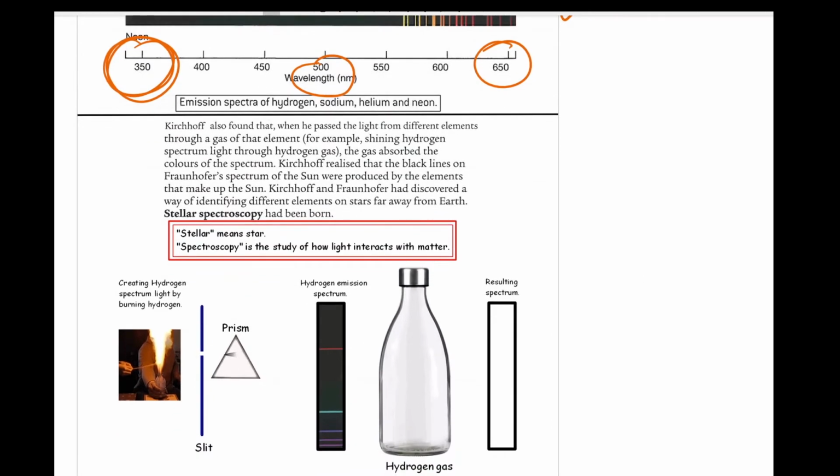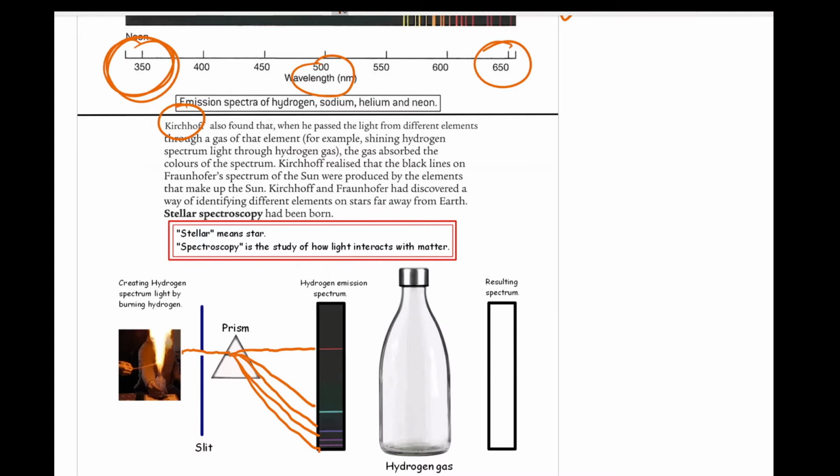So, this chap, Kirchhoff, discovered that the light from hydrogen is sent through a slit. A prism causes the light to be split up into all its specific wavelengths.